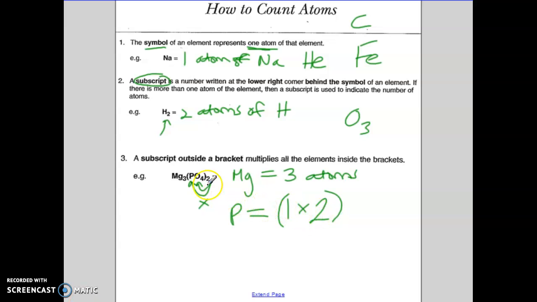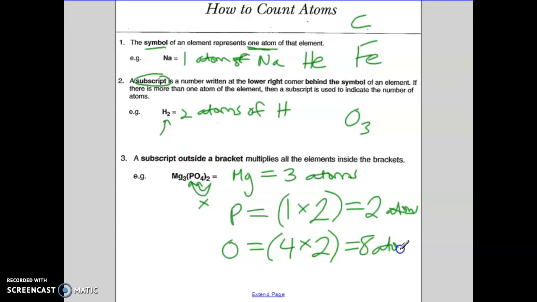So phosphorus here had no number, so that's like a 1. We're going to multiply it by the value outside of the bracket. So in total, there are 2 atoms of phosphorus. Now, oxygen has a subscript, which is the number 4, and that also gets multiplied by 2. So in total, there are 8 atoms of oxygen.